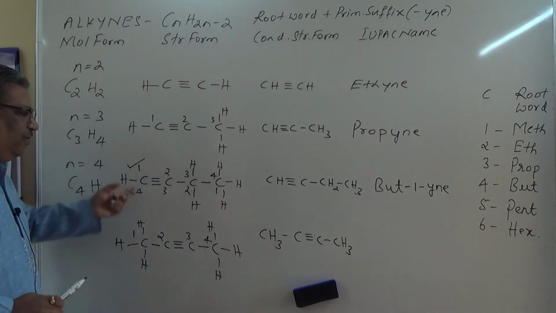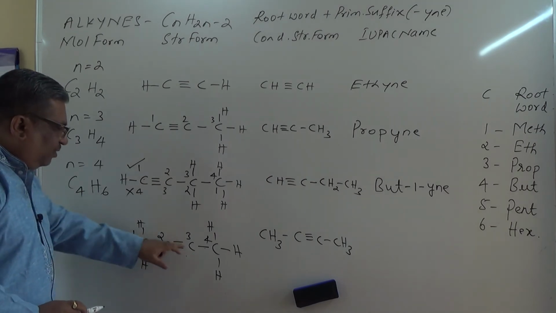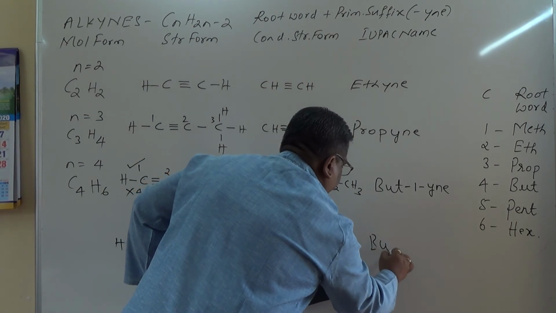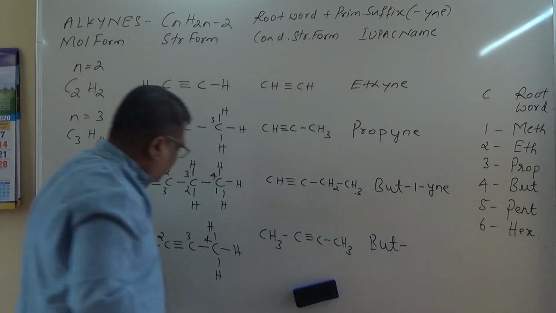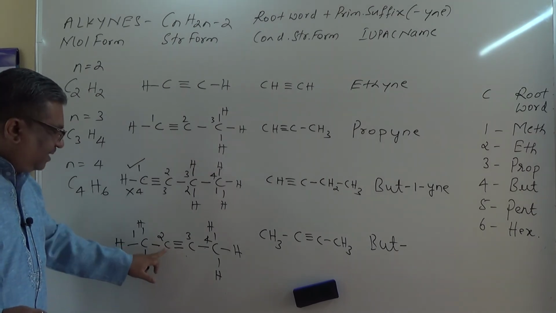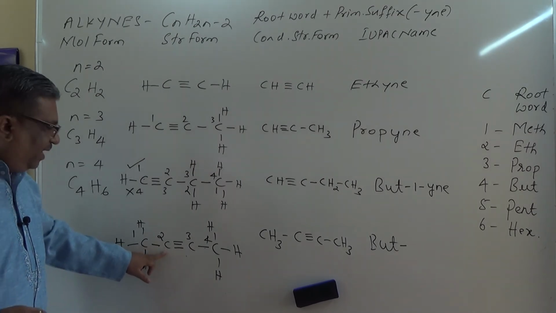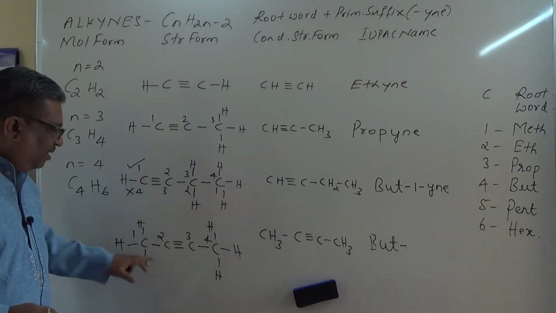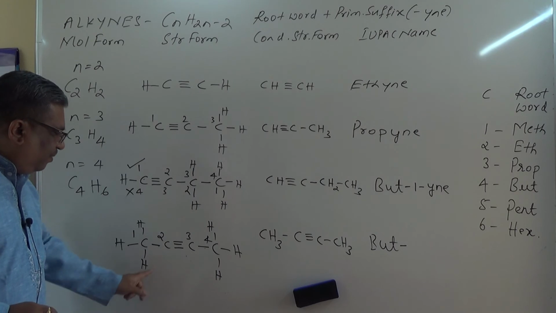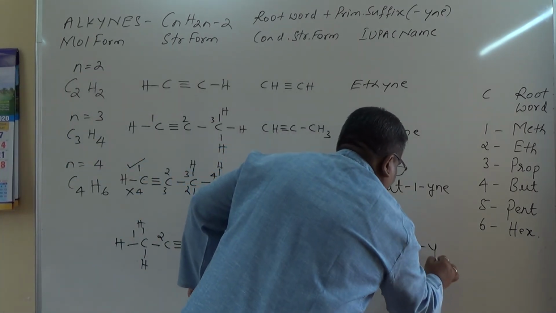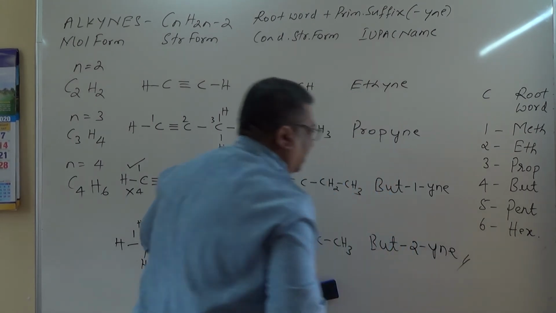Next, how do you read this one? 1, 2, 3, 4, root word but, hyphen, yne. The triple bond yne is attached to the second carbon atom. We need to count the position of the carbon just before the triple bond. So this triple bond is attached to the second carbon atom, and therefore but-2-yne is the name of the compound.